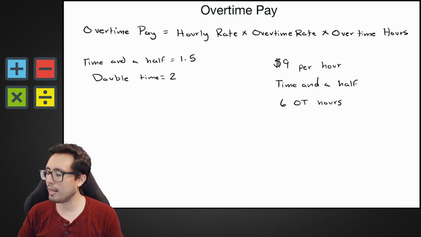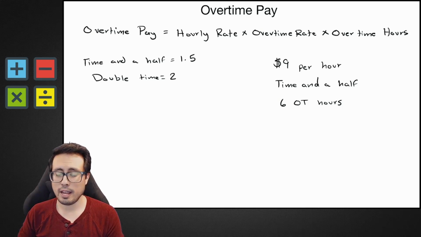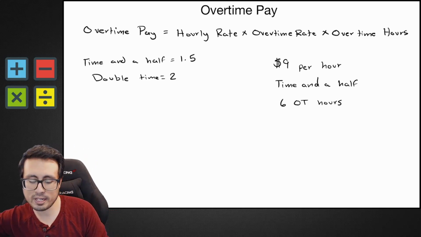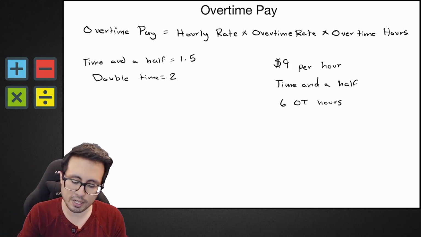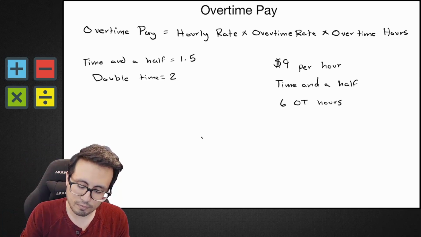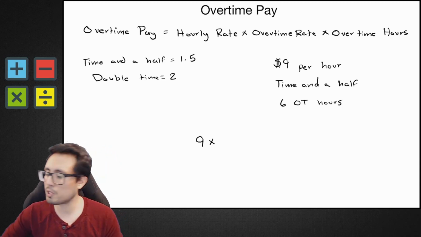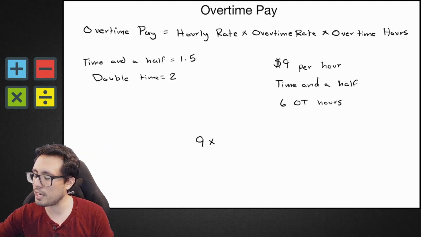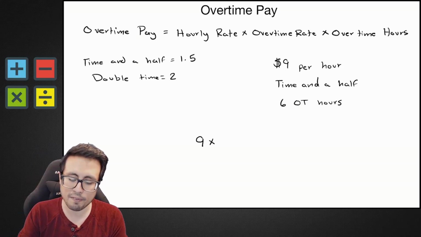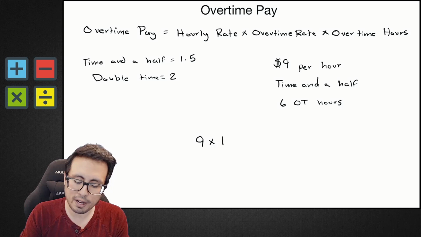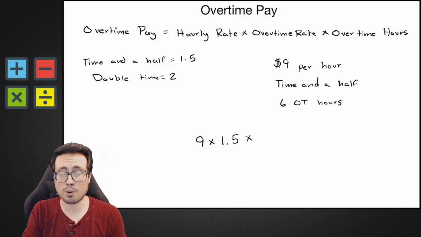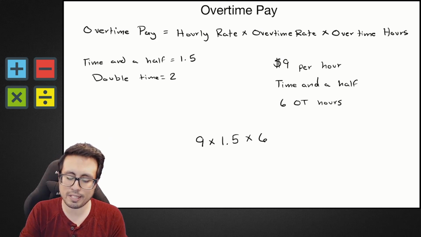So, the way that we would calculate this is, according to my equation, we would take our hourly rate, which is 9, and we would multiply it times our overtime rate. Now, we get paid time and a half, right? Time and a half, which is 1.5. And we worked 6 hours of overtime, so times 6.